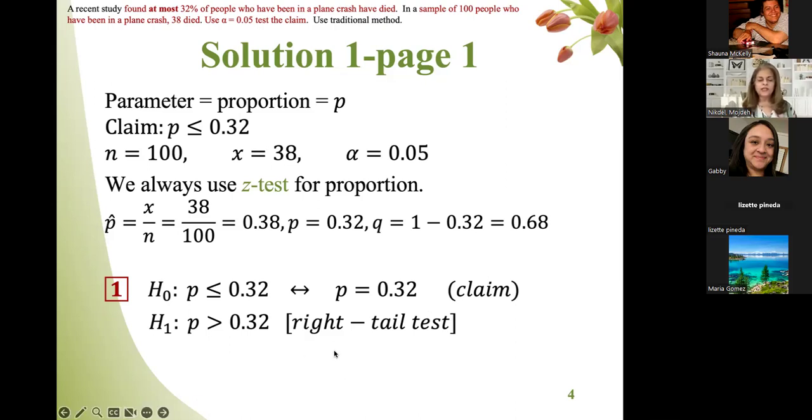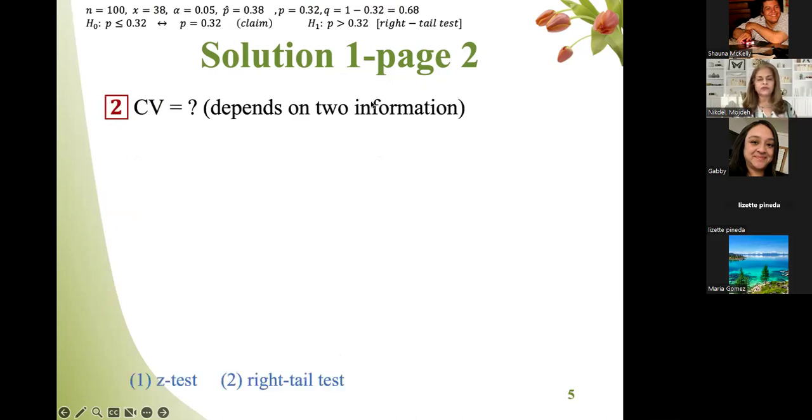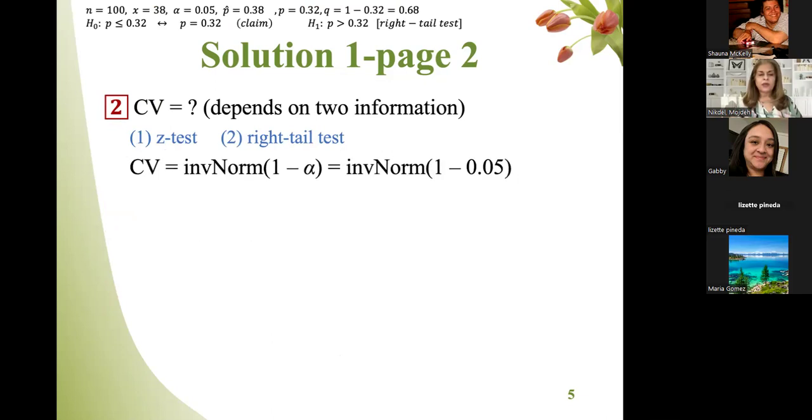Second step is finding your critical value. Your critical value depends on your tail test, in this case, right tail test, and on a statistical test, z-test. If you look at the handout that you already have, critical value for z-test, right tail test is inverse norm of 1 minus alpha.